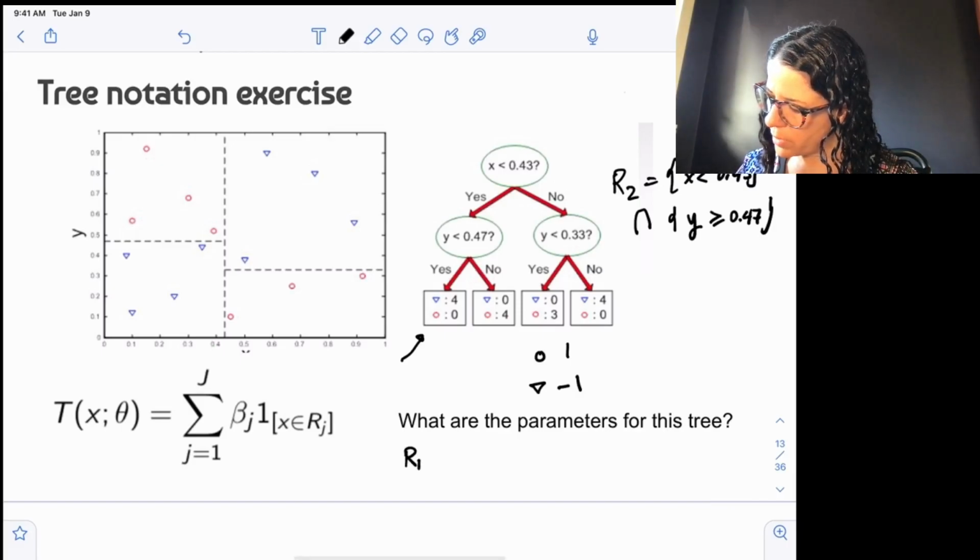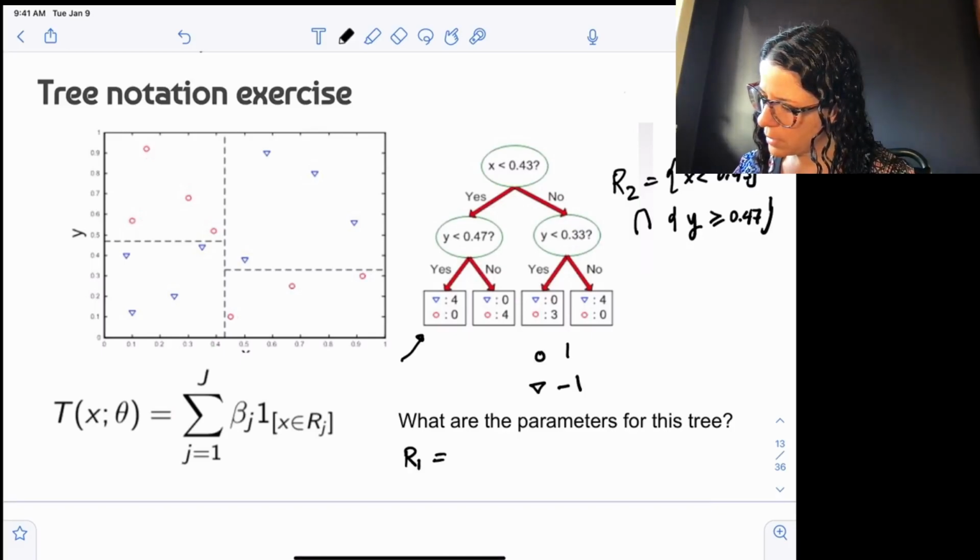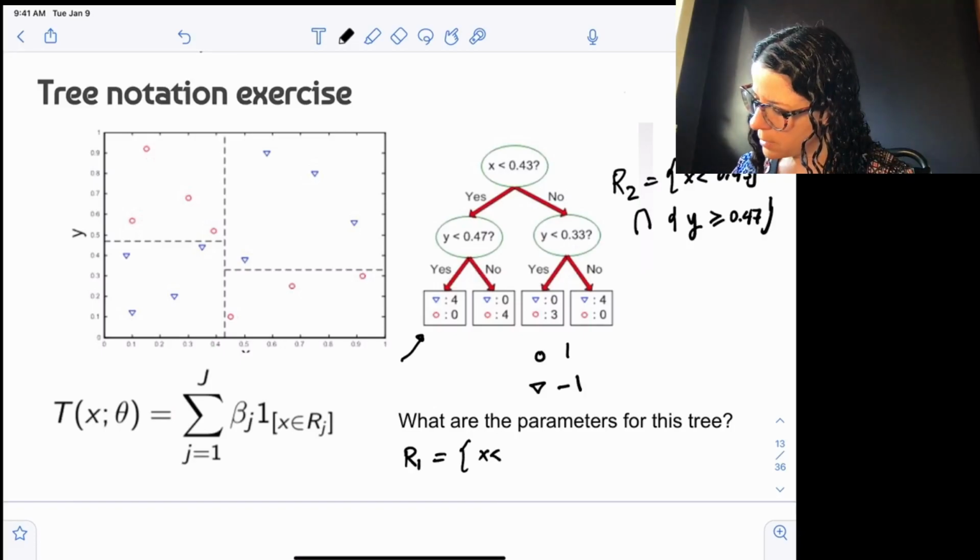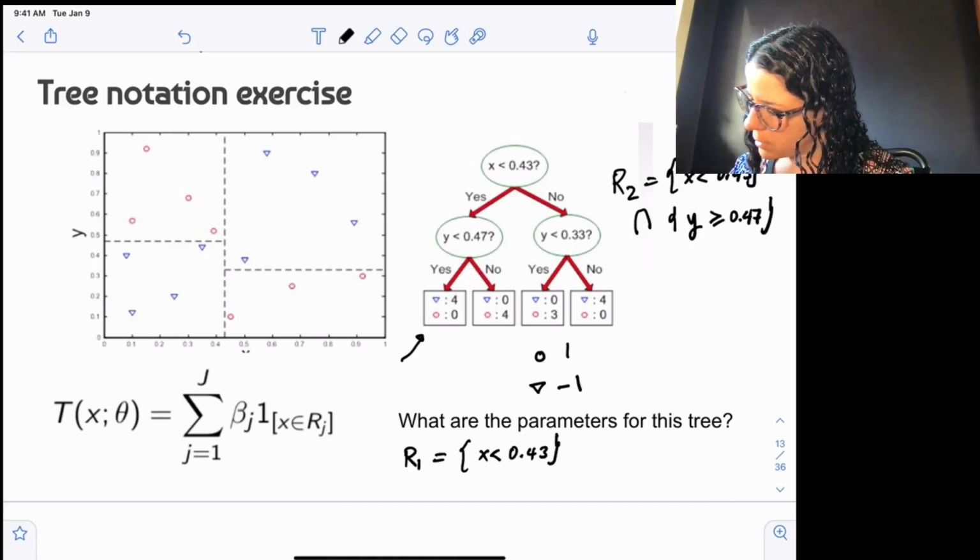Our region R_1 is x less than 0.43 intersect with y less than 4.43.